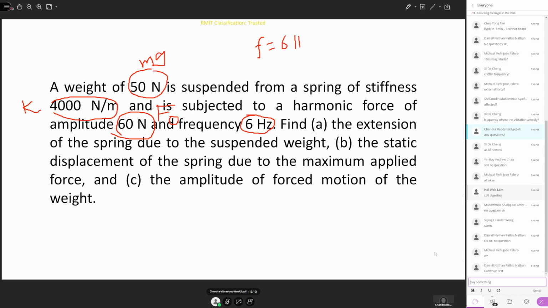Then what is the circular or radial frequency omega? Calculate omega and let me know. Omega is 2 pi f.